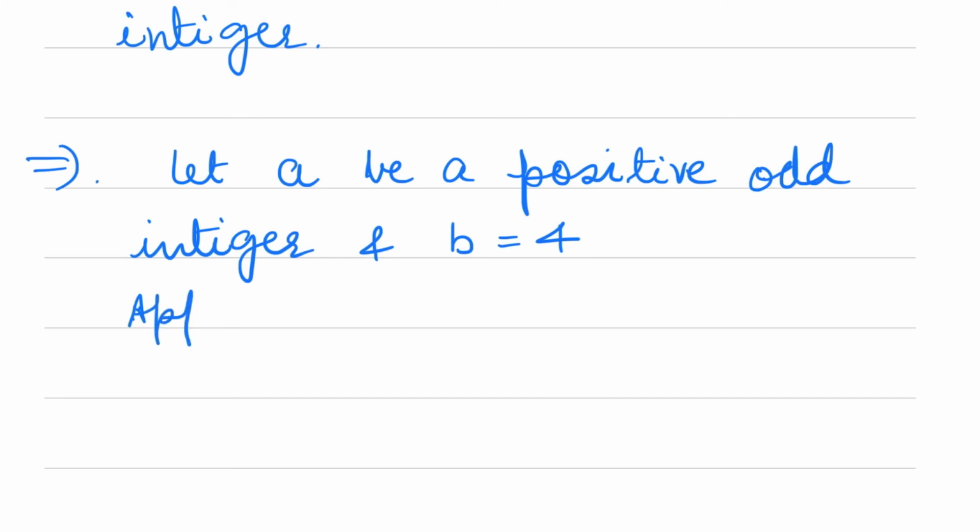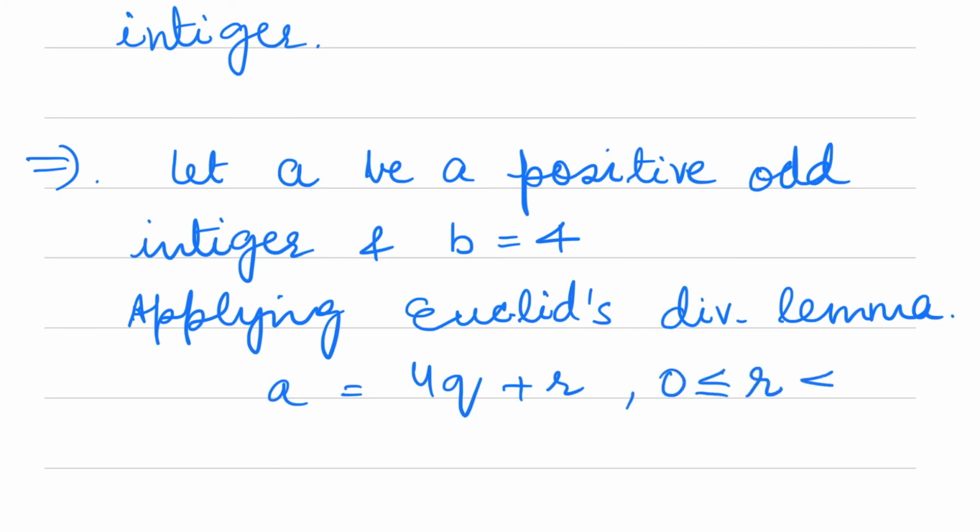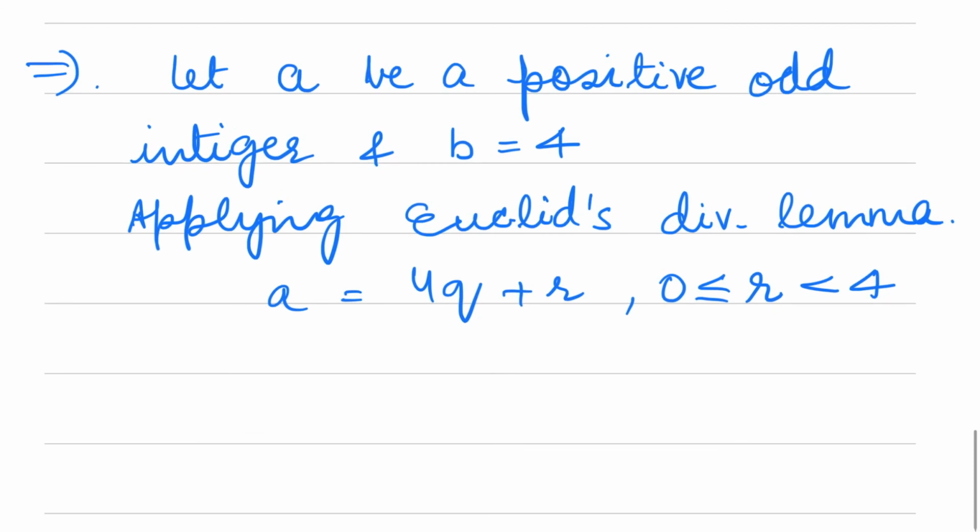Now applying Euclid's division lemma, we can write down a is equal to 4q plus r, where r is greater than or equal to 0 and less than 4.